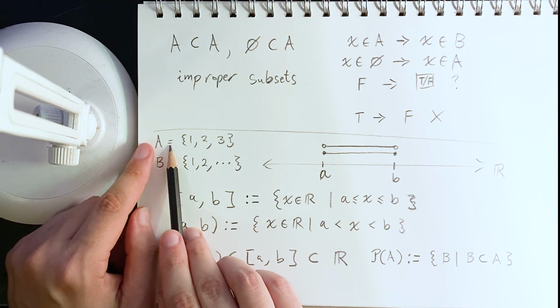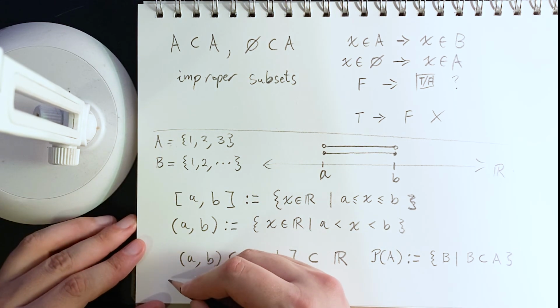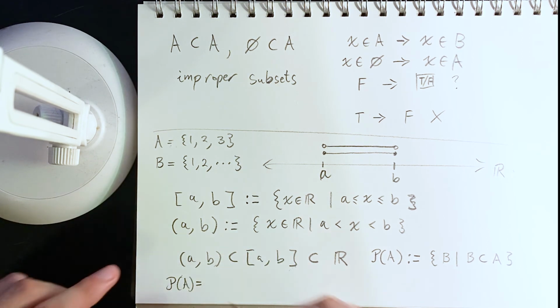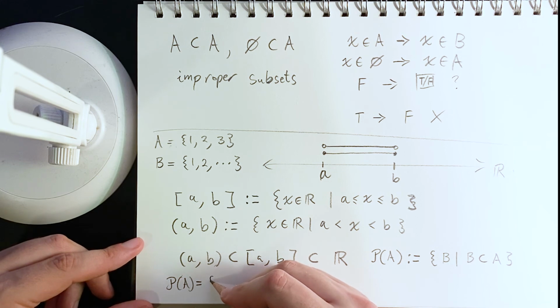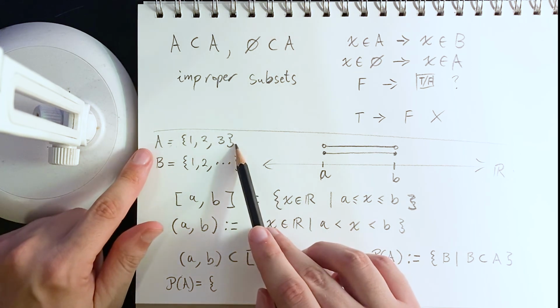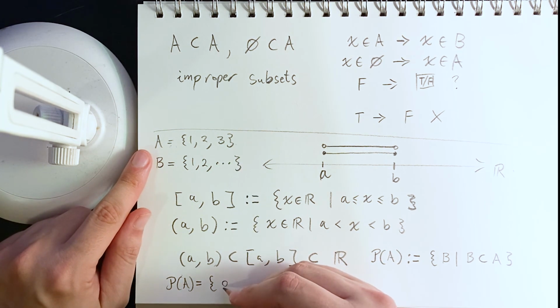Let's look at A. Okay, so the power set of A, again, sets don't have to have an order, but I will use an order here just to organize my thoughts. I think, okay, what are all the subsets of A which have 0 elements? That's just the empty set.